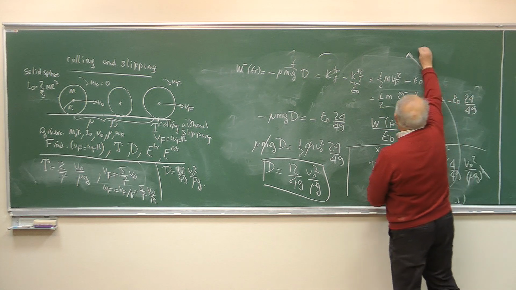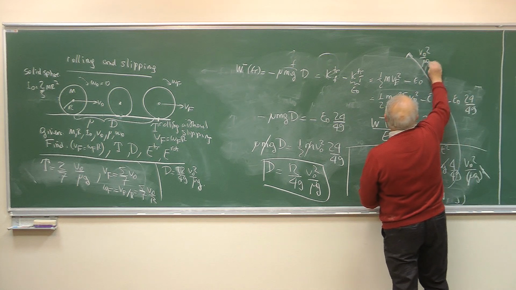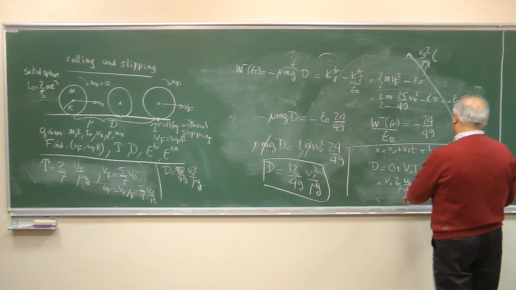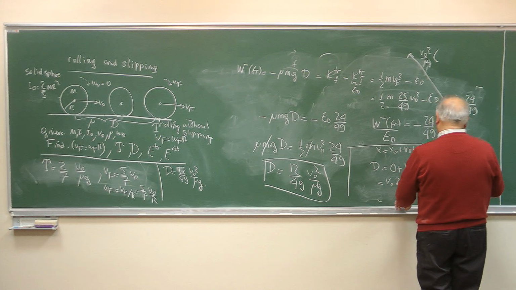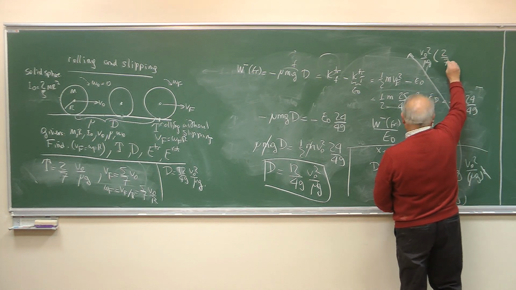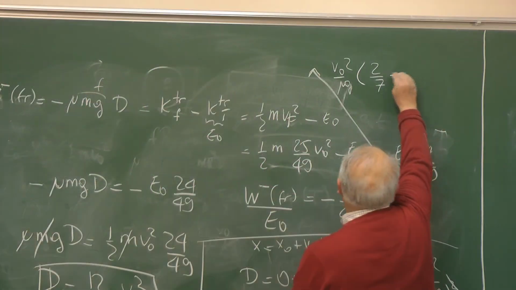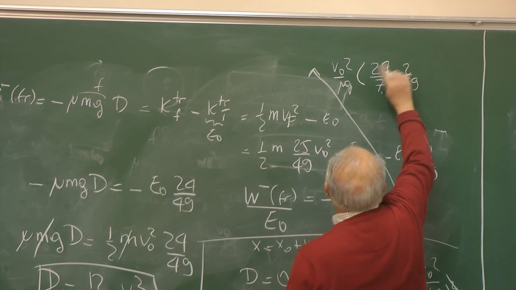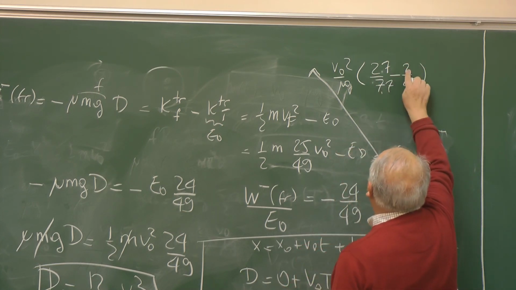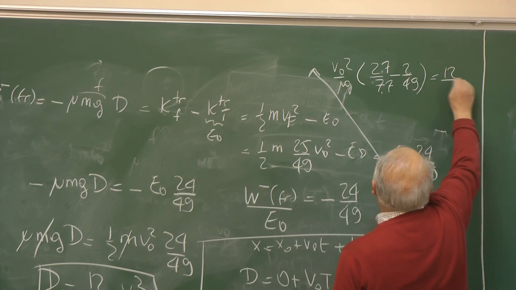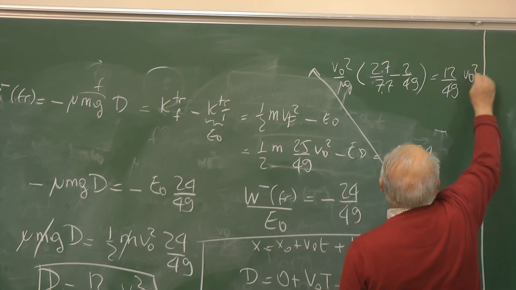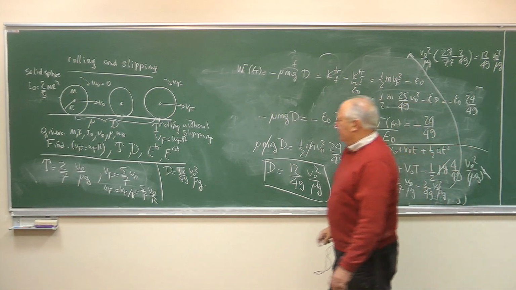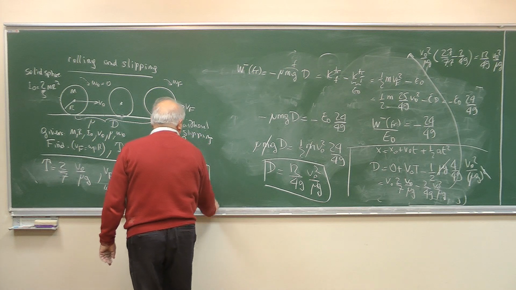So I have V0 square over mu g, parenthesis, 2 over 7 minus 2 over 49 multiplied by 7. So this is 14. 14 minus 2 is 12. So it is 12 over 49 V0 square over mu g. So it's the same thing. Okay. So we found D.